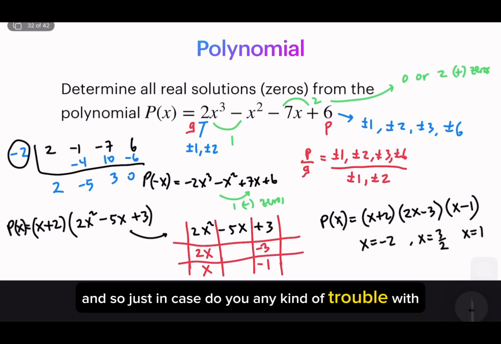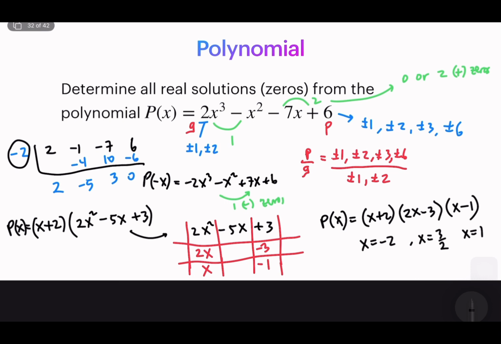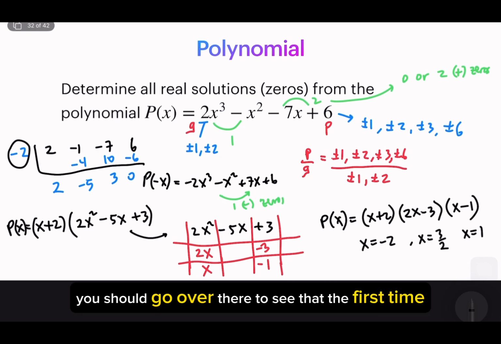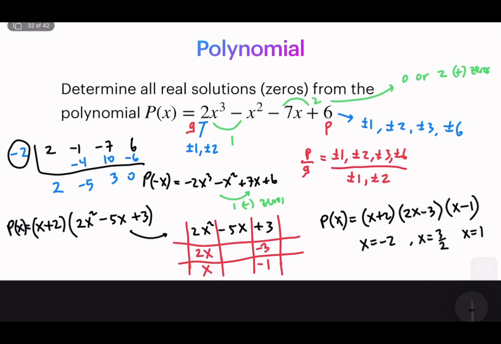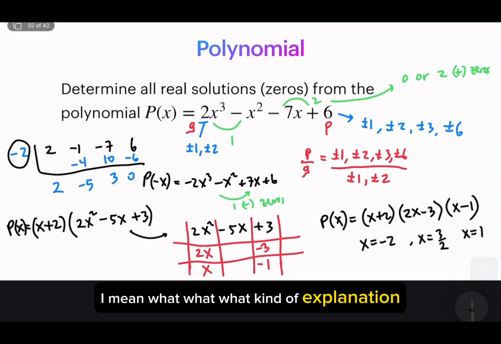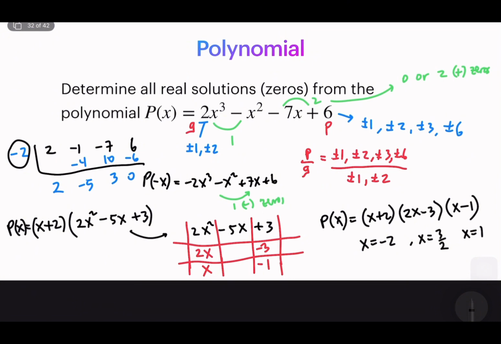Professor, just in case, do you have any kind of example with exponential? What kind of explanation? So this was never meant to come out in the quiz.